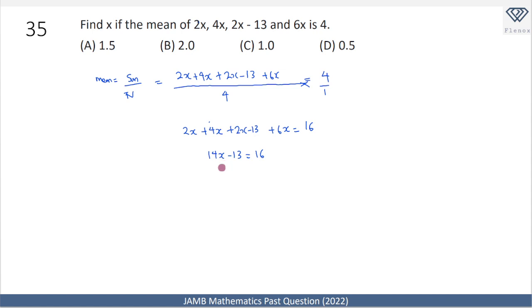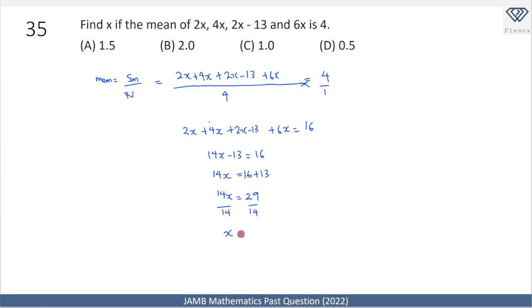So what do we have here? We have 14x equals 16 plus 13. So 14x equals 29. And when we divide both sides by 14, our x is going to be approximately equal to 2.